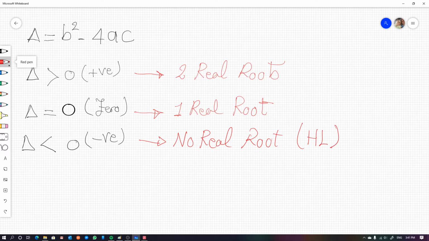The third point we will talk about today is the x-intercept.